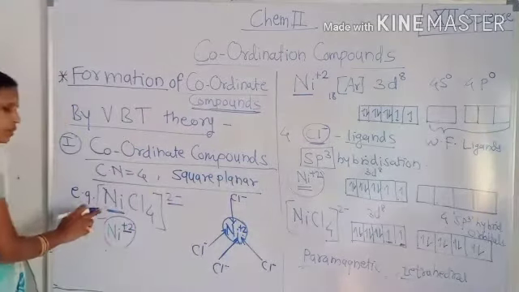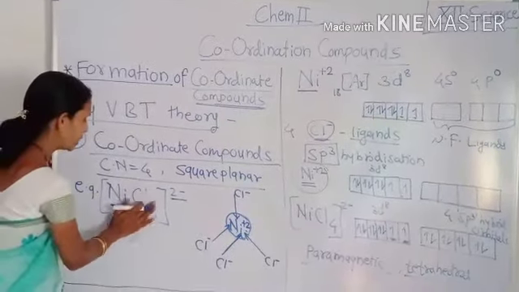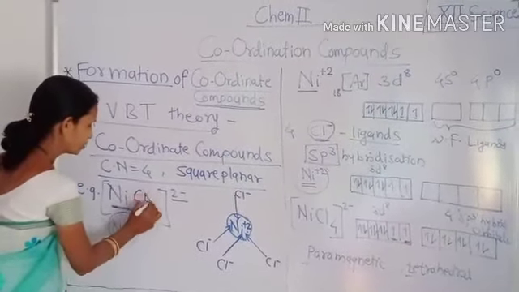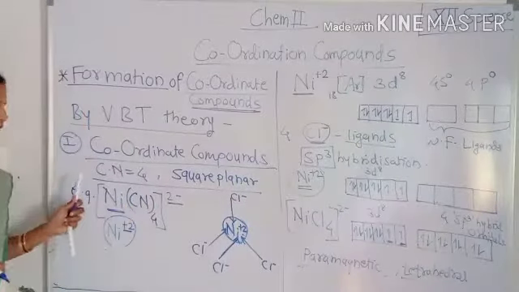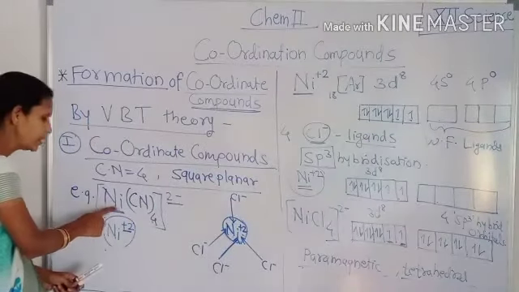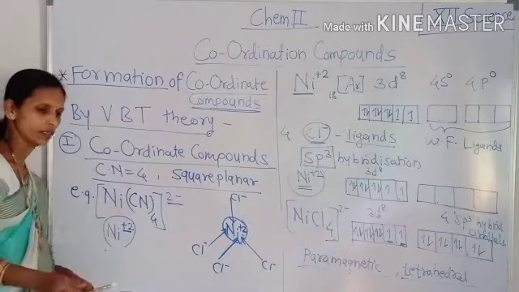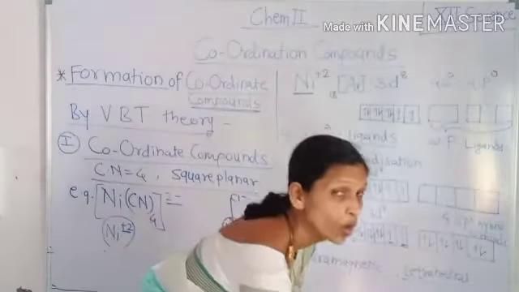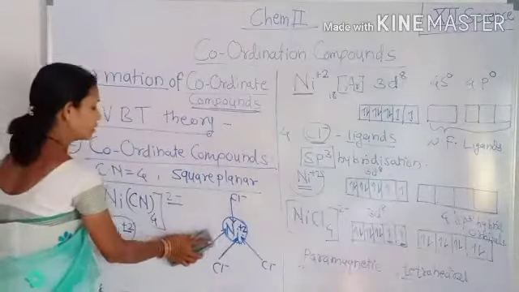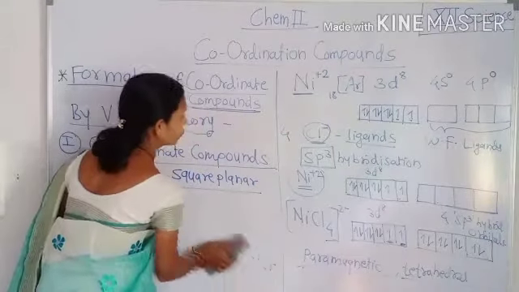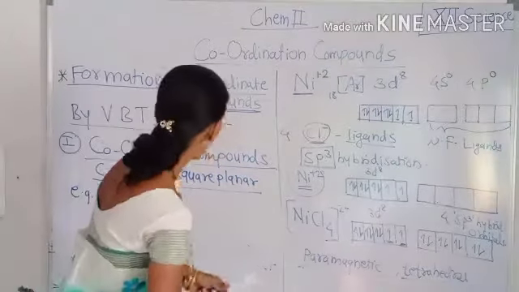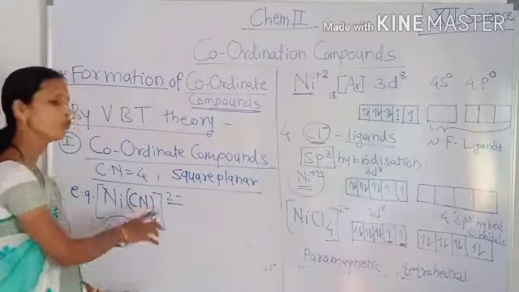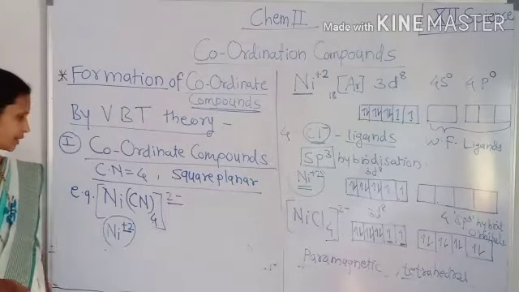The example of such a coordinate compound is [Ni(CN)4]2-, in which the central metal ion is also in the +2 oxidation state. Therefore, here the Ni2+ ion is surrounded by 4 cyano groups.